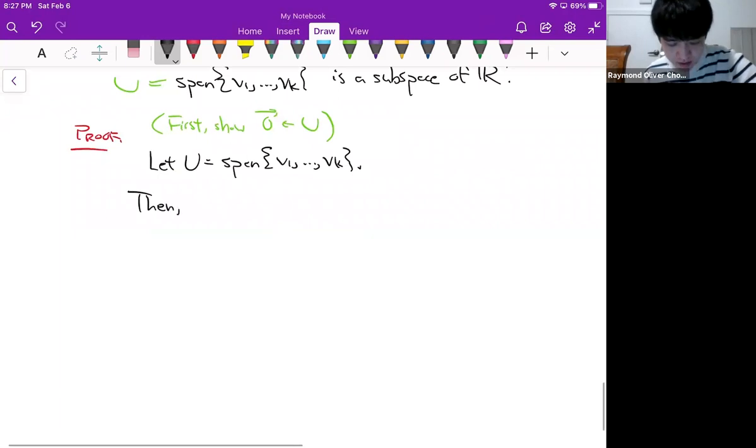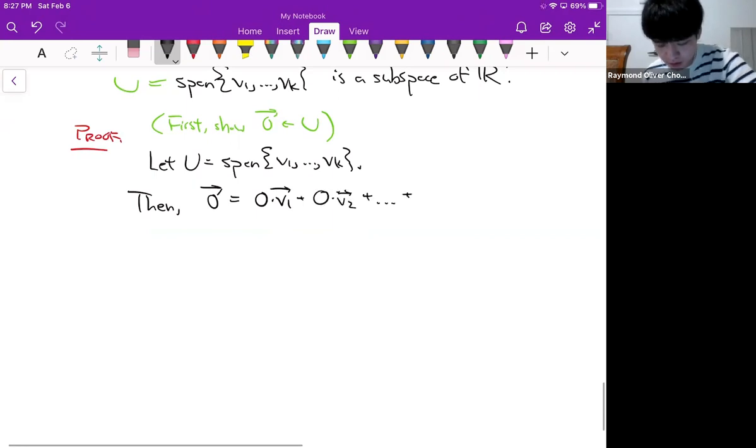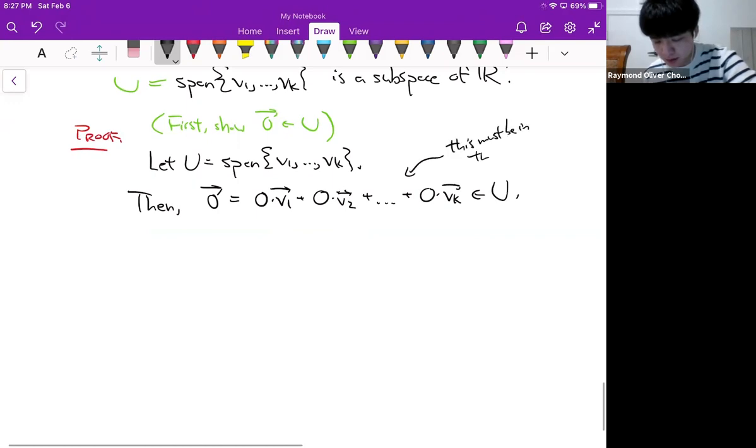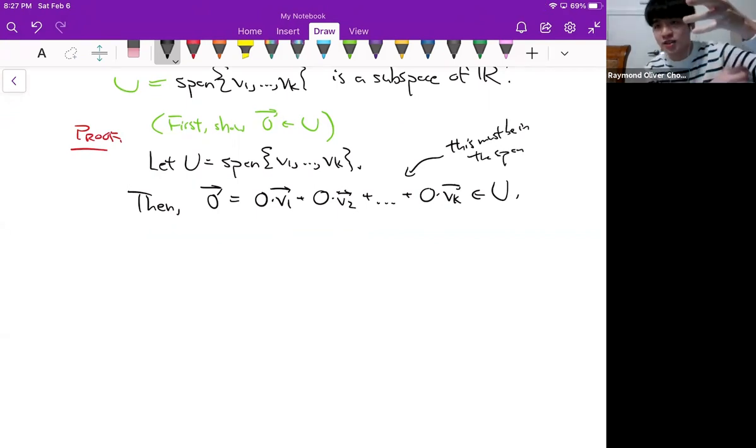Then the 0 vector is equal to 0 times V1 plus 0 times V2 all the way up until 0 times Vk. So that must be in U because this must be in the span, because it's a number times V1 plus a number times V2 plus a number times V3 all the way up until K, right? Okay, so we got the 0 part down.